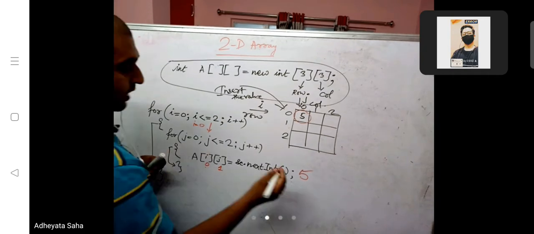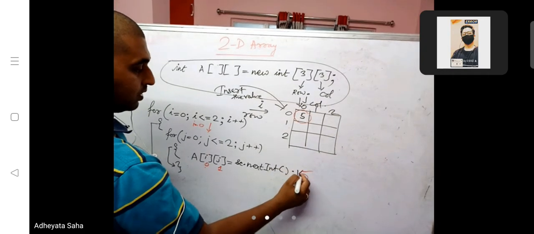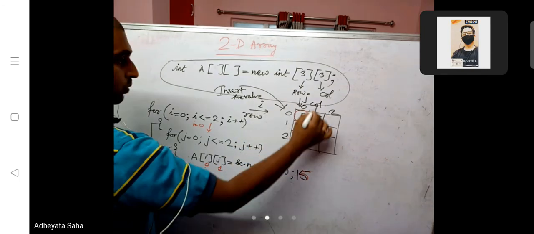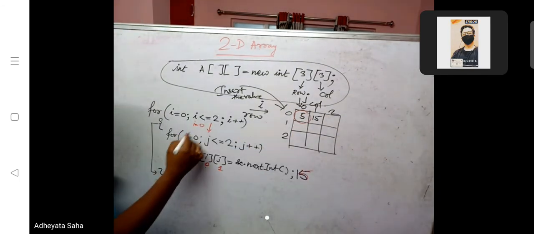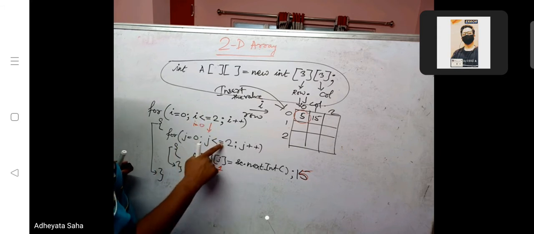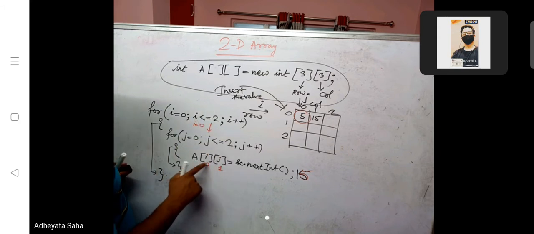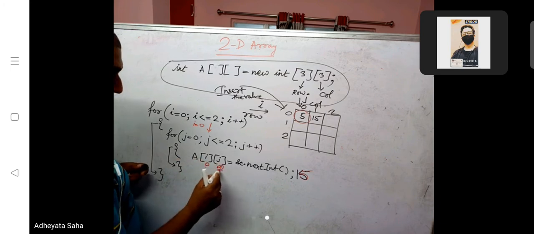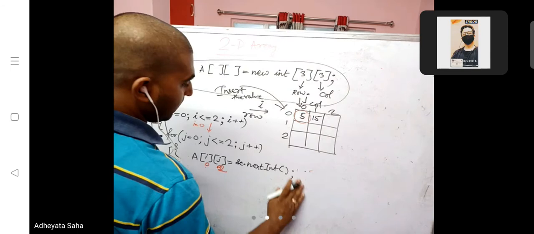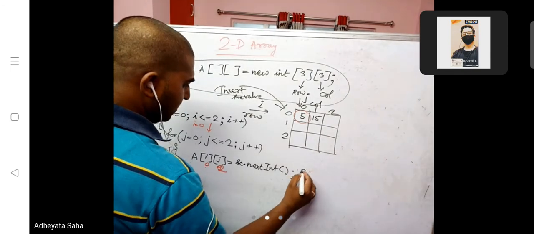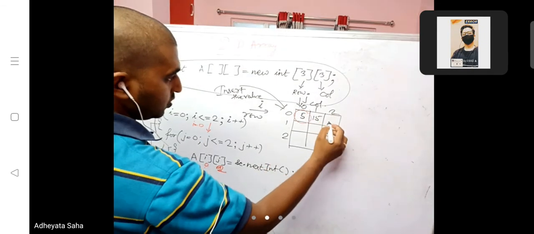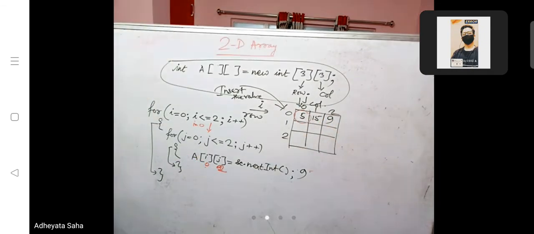Suppose you give the value 15; it will be stored in a[0][1]. Then j plus plus, j will be 2. 2 is less than or equal to 2, yes, get inside, so a[0][2]. Suppose you give 9; here it will be 9.